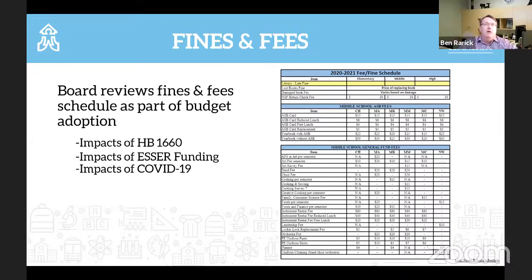Now that doesn't work for every single fee, there are nuances to it. There's a parking fee, for example, and I could see that there's probably a legitimate reason to want to have a parking fee other than just the revenue of the parking.